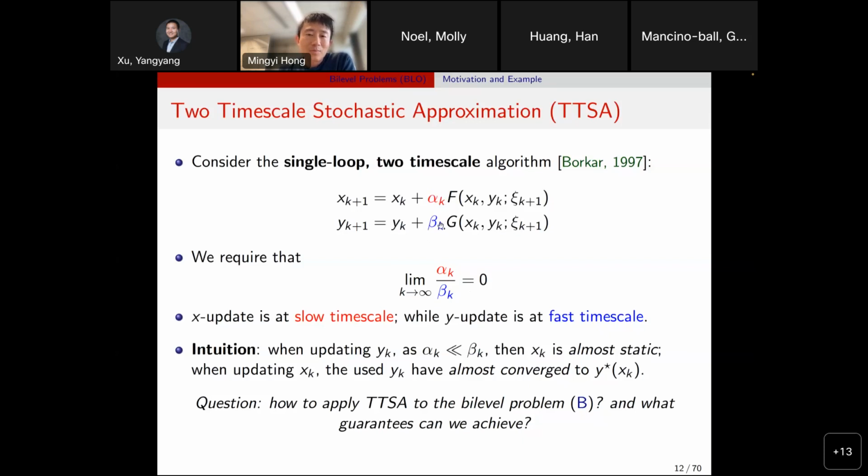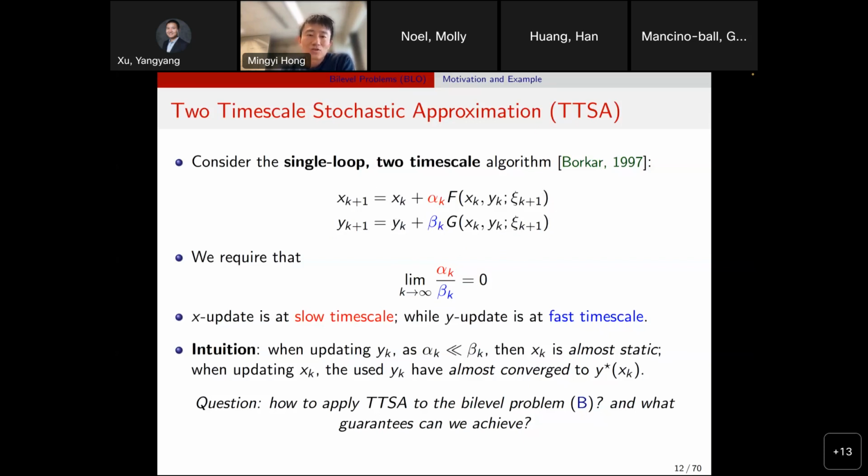Now, to our problem, remember, this is related to the lower level problem. So it says that the lower level problem has to be faster compared with the upper level problem. Then it's possible to avoid this double loop structure and make the entire system converge to 0.